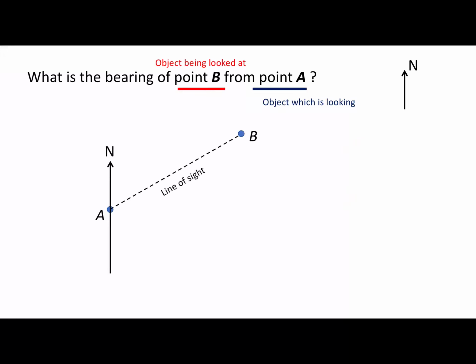The bearing is taken from the north line to the line of sight in a clockwise manner. Here comes the confusion. Do you start drawing on the north line above point A or below point A? You should draw above point A. So you start from a point above point A on the north line and then you go clockwise. So this is the bearing.